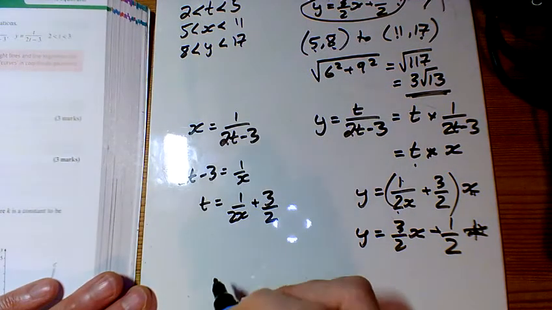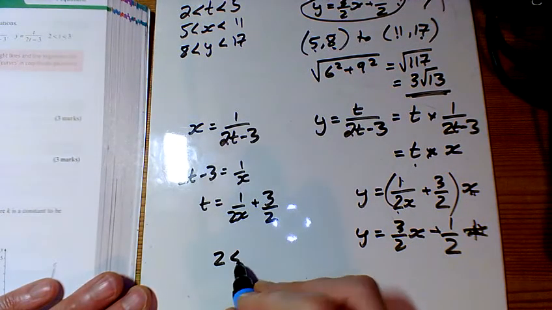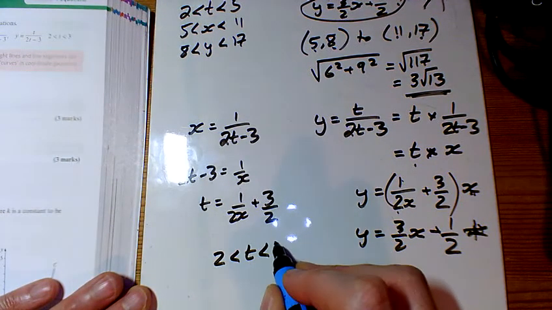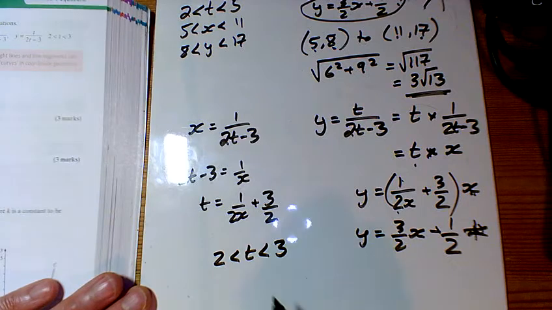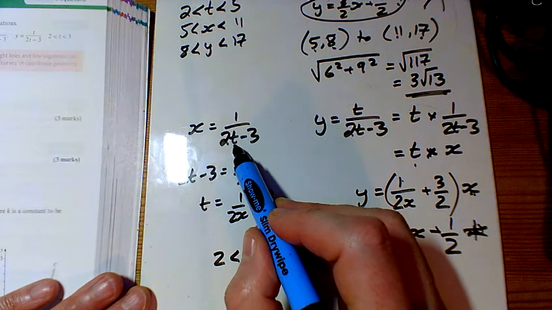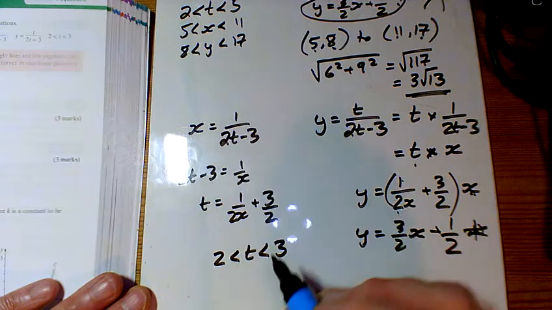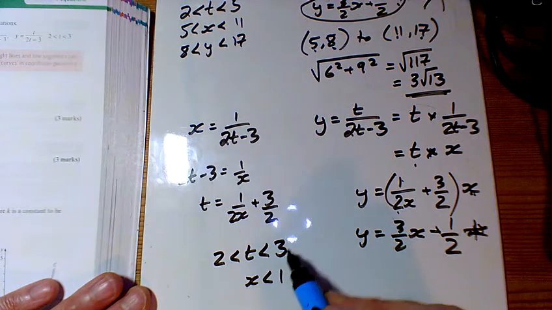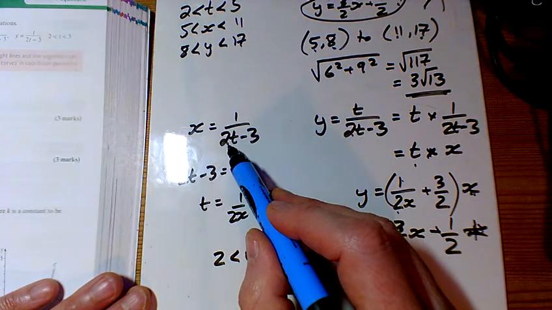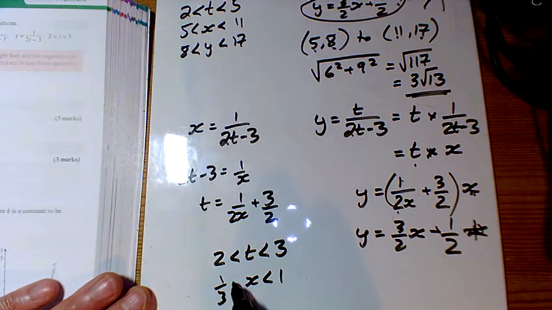And continuing with the Pythagoras part of it as well. So the t values were between 2 and 3. So stick the 2 into that, and we're getting 1. And stick the 3 into that, and we're getting 1/3. And notice it is the other way round there, isn't it?